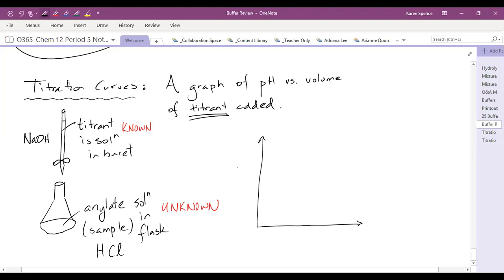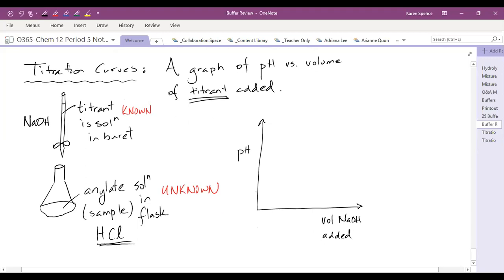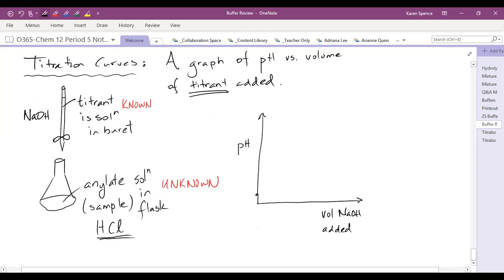This is going to be pH versus the volume of titrant added, and in this case, that's the volume of NaOH added. Initially, we have only HCl, so the pH is low. Now we start dripping in NaOH, and the pH rises slowly. We have a shallow slope.